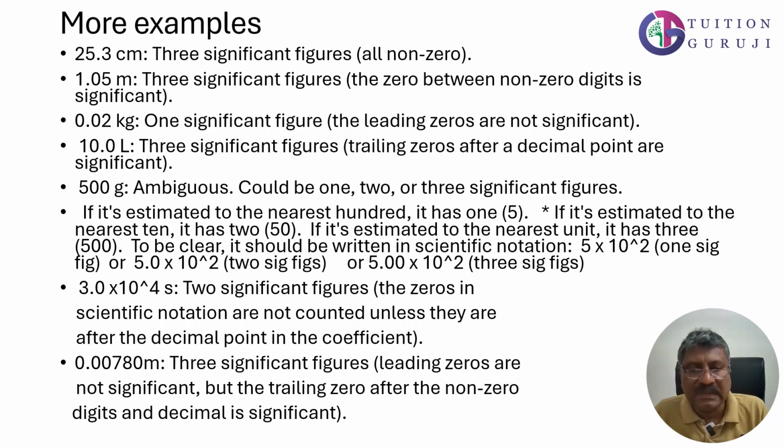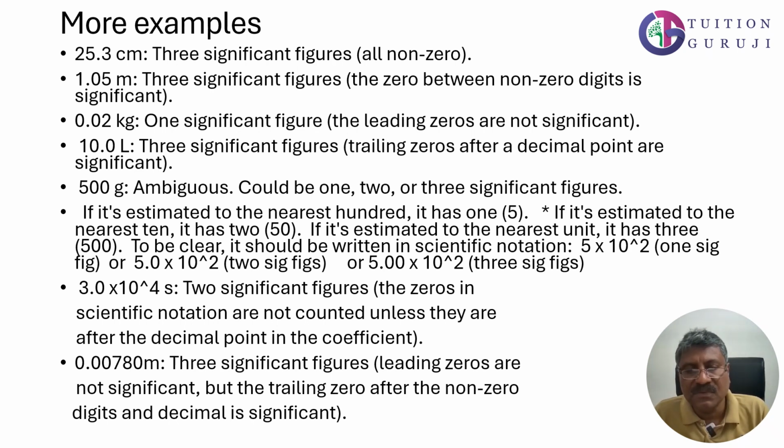If it is estimated to the nearest 10, it is 2 significant figures. If it is estimated to the nearest unit, it has 3 significant figures. To be clear, it should be written in scientific notation as 5 × 10^2, which has only one significant figure, and 5.0 × 10^2 has 2 significant figures, and 5.00 × 10^2 has 3 significant figures.